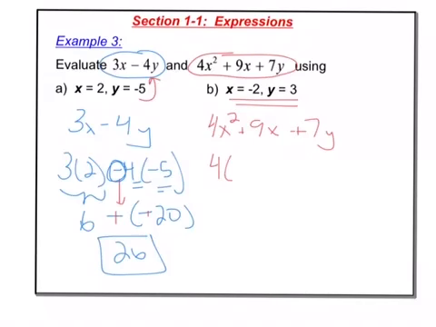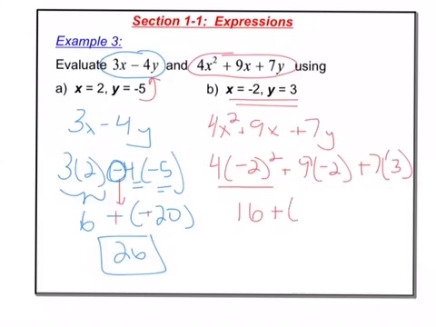So I have 4 times the quantity negative 2 squared plus 9 times negative 2, and then plus 7 times 3, and I'm using 3 because this one was y and not x. Remember, when you do this part of the problem right here, you have to do negative 2 squared first, which will give you positive 4, then times 4, which is 16, plus 9 times negative 2 is negative 18, and 7 times 3 is 21.